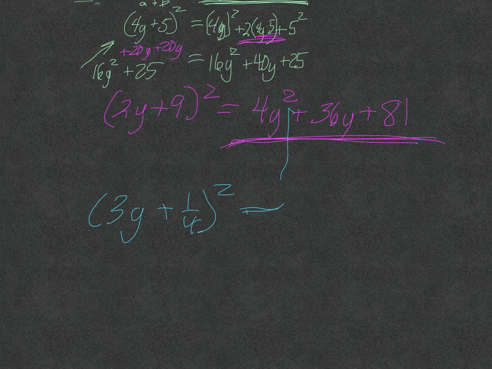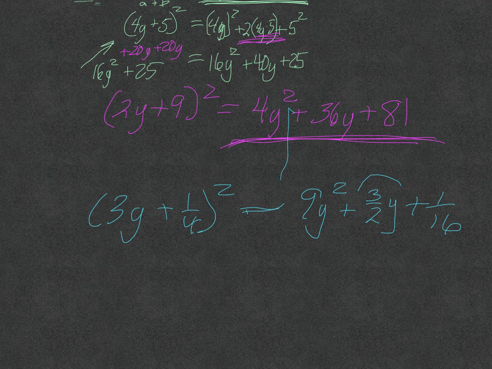So a squared is 3y times 3y, or 9y squared. B squared is 1/4 times 1/4, or 1/16. And then the middle term is 3y times 1/4, which is 3/4 y. And then I double that, so that'll be 6/4 y, which will simplify to 3/2 y.